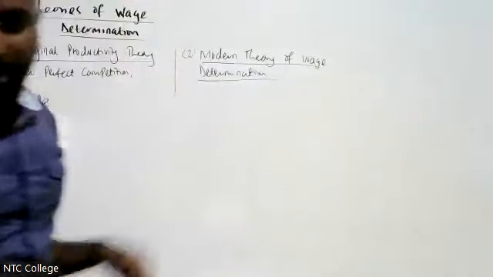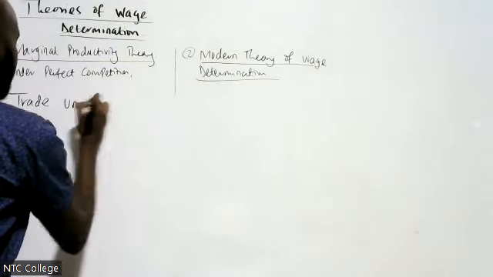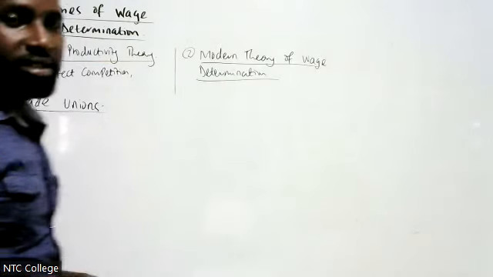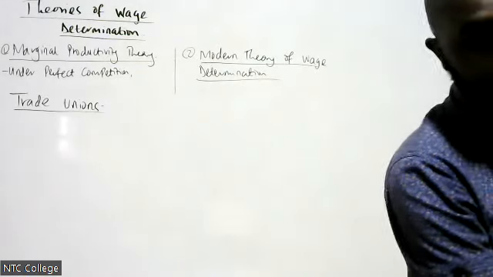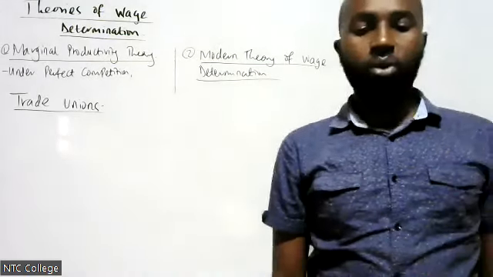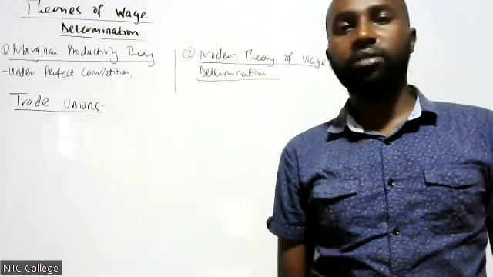For that, we need to look at trade unions. What are trade unions? What does it mean to say that they engage in something known as collective bargaining? And what are the objectives of trade unions at the end of the day?